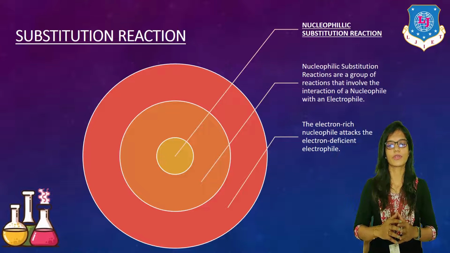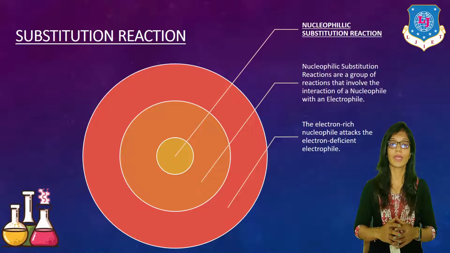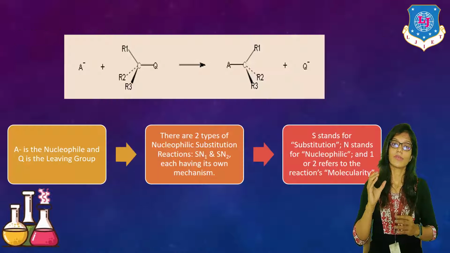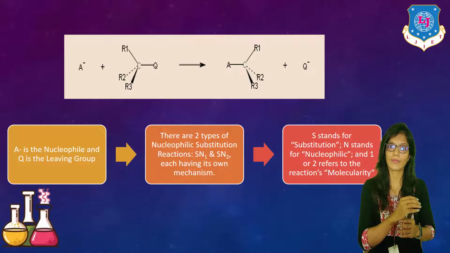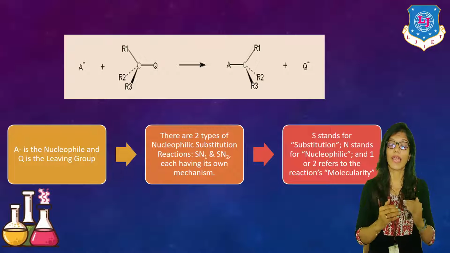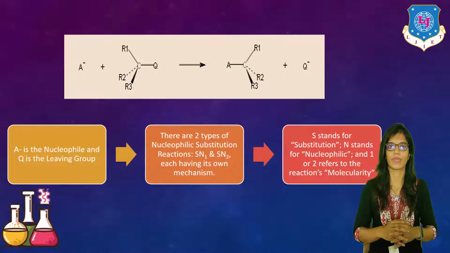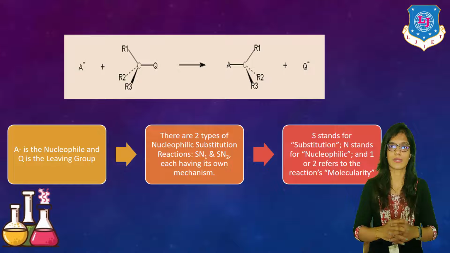The electron-rich nucleophile attacks the electron-deficient electrophile. That is, the electron-dense center attacks the electron-poor center, or the high electron density center attacks the low electron density center. In this manner, the reaction proceeds.